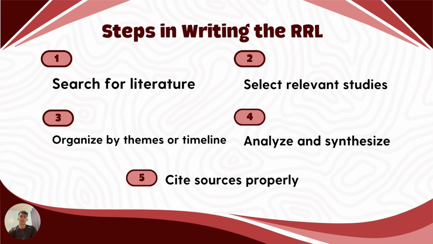This means that you don't just summarize each study; instead, you combine ideas, show connections, and highlight similarities and differences among studies. And finally, make sure to cite all your sources properly using the required format like APA to avoid plagiarism.